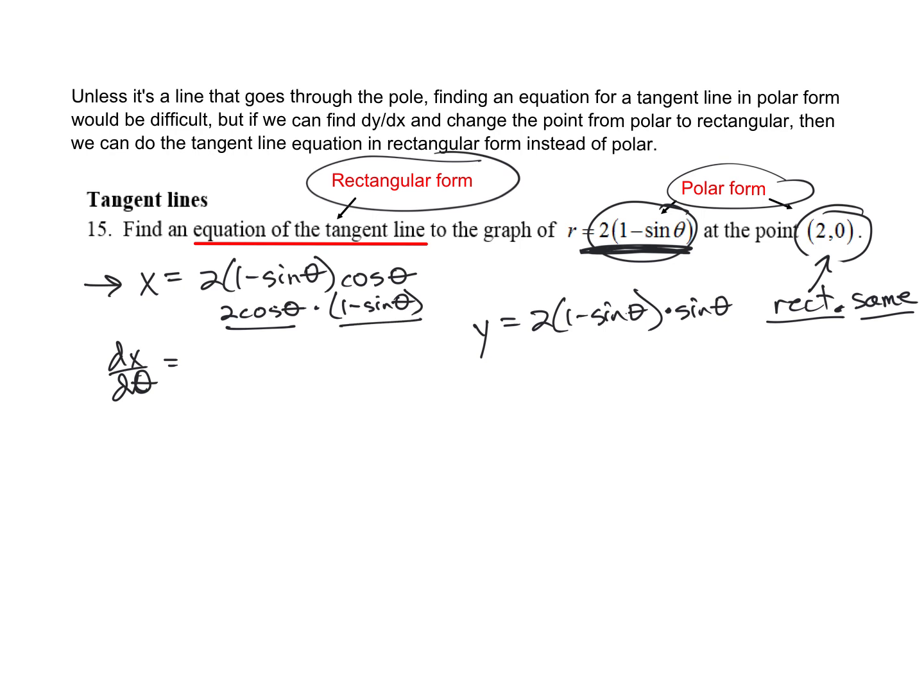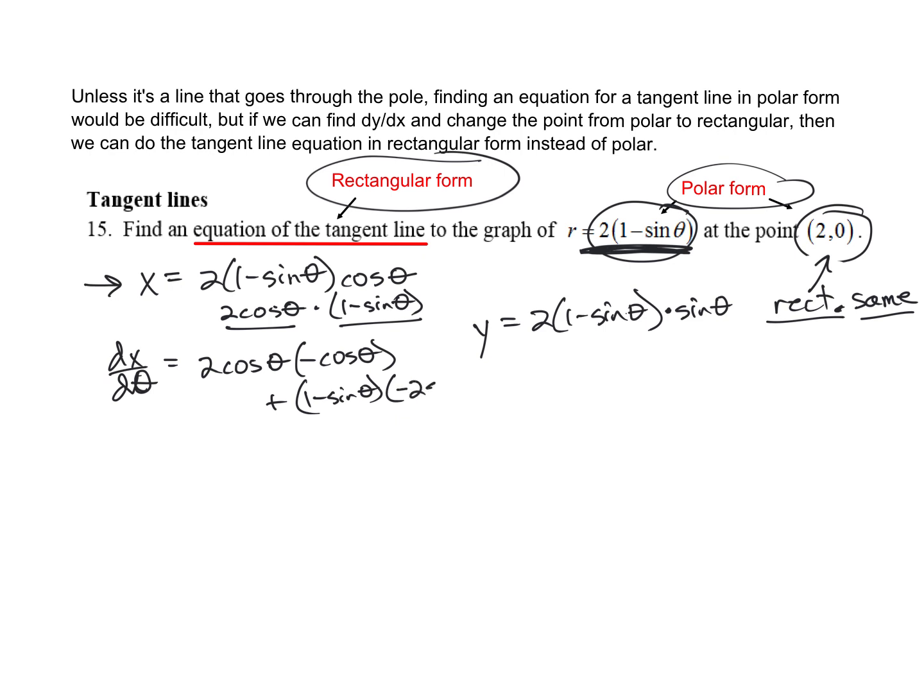So here's my 2 factors of that product. So we'll do the first, or whichever way, it doesn't matter which one you want to do first, times the derivative of the other one. What's the derivative of negative sine? Negative cosine of theta. Okay, plus the second times the derivative of the first. What's the derivative of 2 cosine of theta?